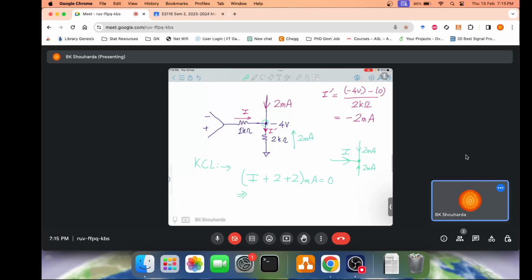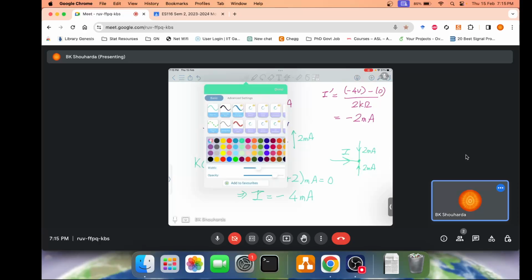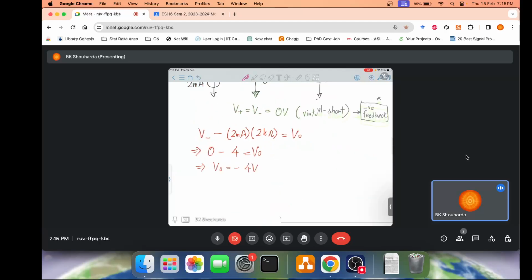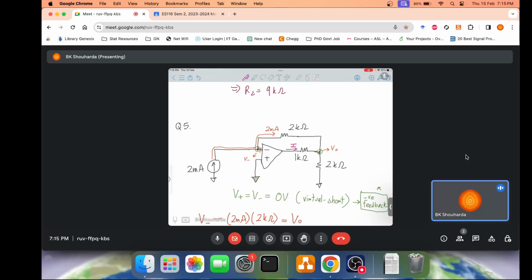So you obtain I equals minus 4 milliamperes, and that's the answer. In all such questions, the most important thing to remember are the two golden rules, which if you have a very complicated circuit, don't look for inverting or non-inverting configuration, rather go for these first principles.